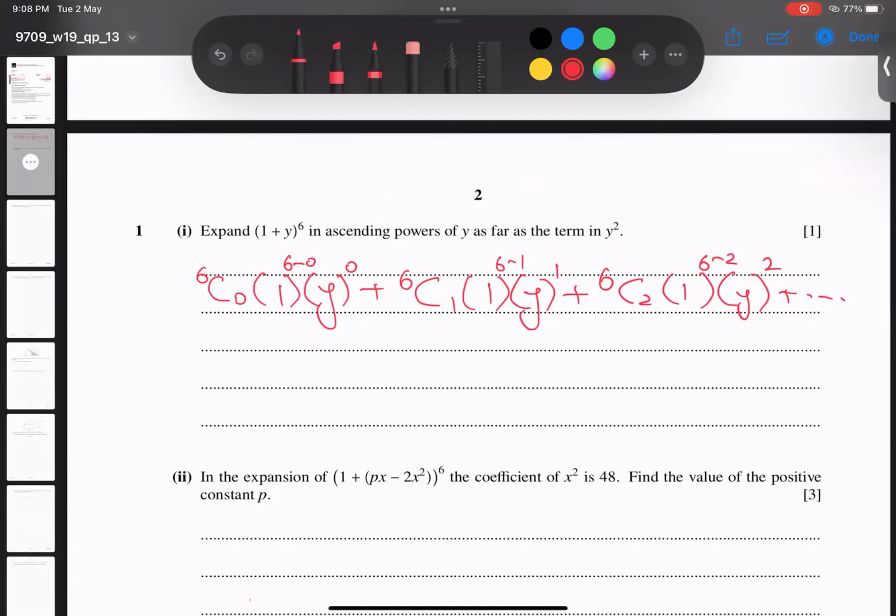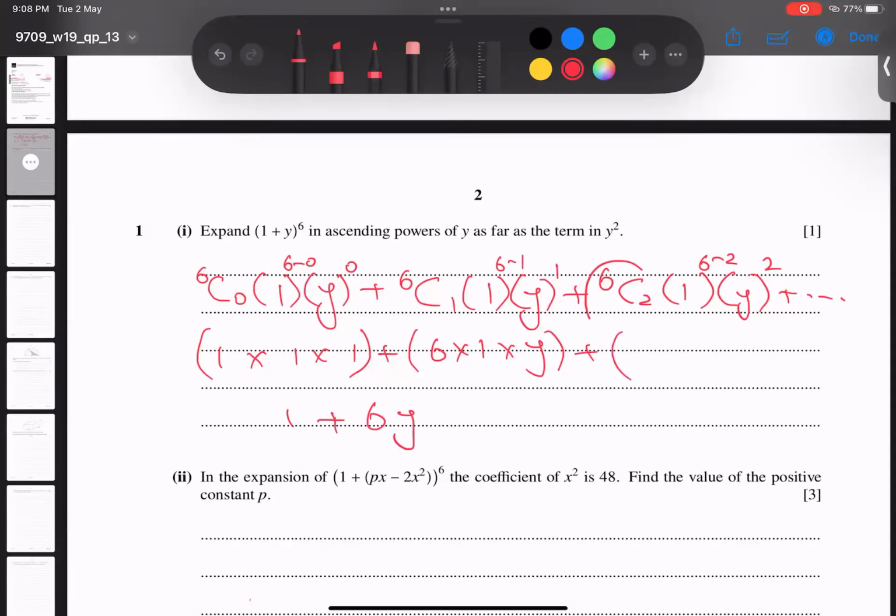Anyway, 6C0 is 1. 1 to any power is 1. Something to power 0 is 1. I got a 1. 6C1, if you type in the calculator, you get a 6. 1 to any power gives you 1, and y to power 1 is y. So 6y.